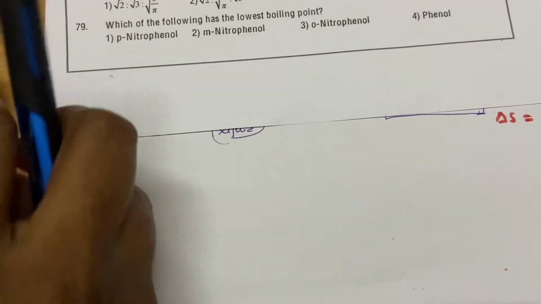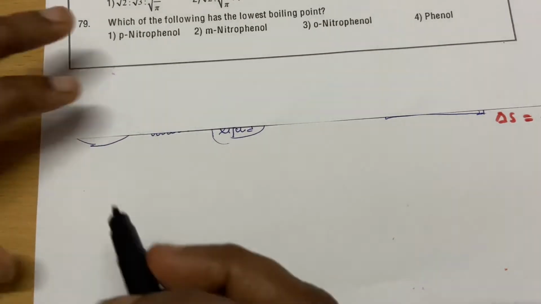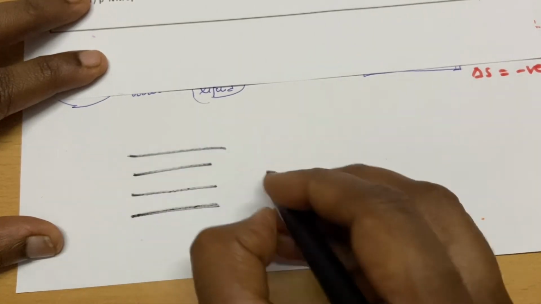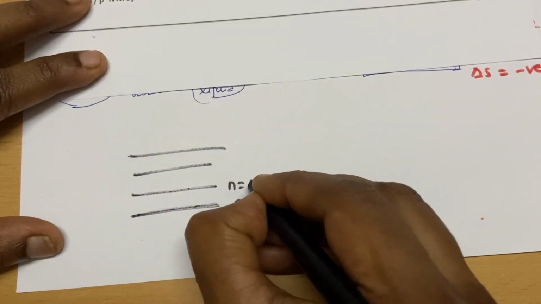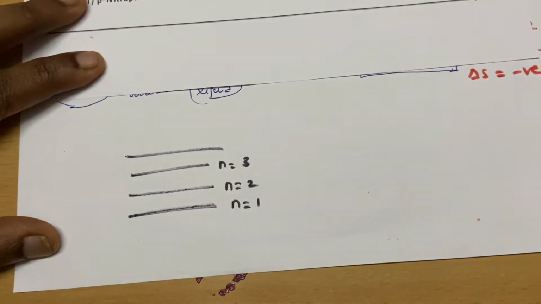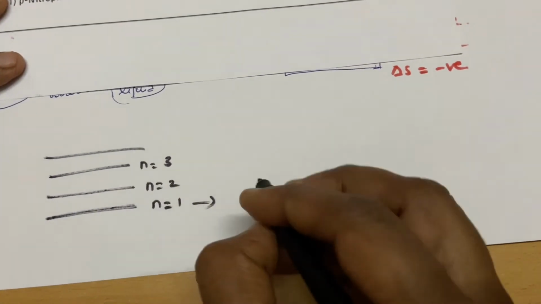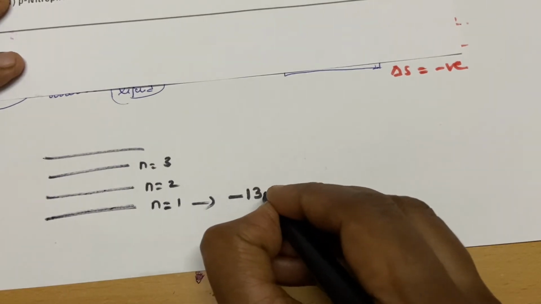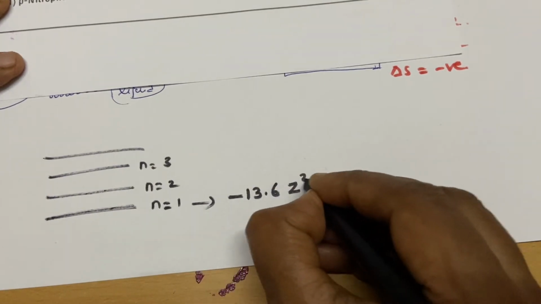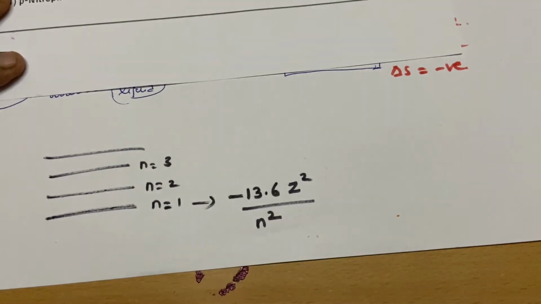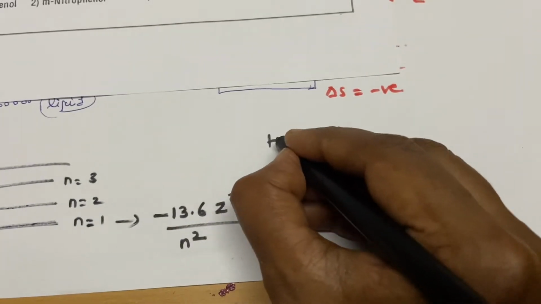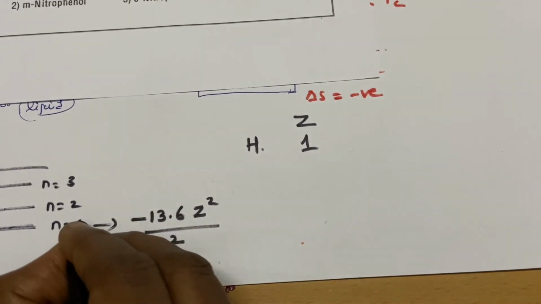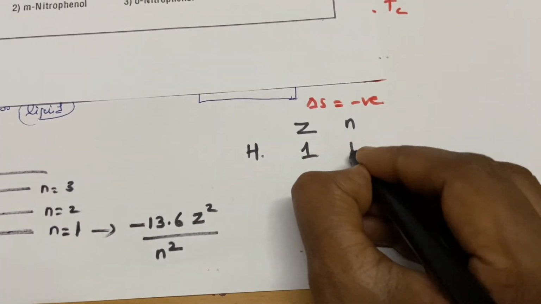Here are various energy levels: n is equal to 1, n is equal to 2, and n is equal to 3. For any energy level, the value is given by Z squared divided by n squared. For hydrogen, the Z value is equal to 1 and it is in the first level, so n value is equal to 1.